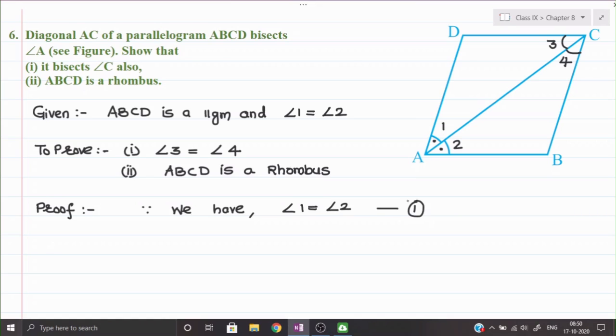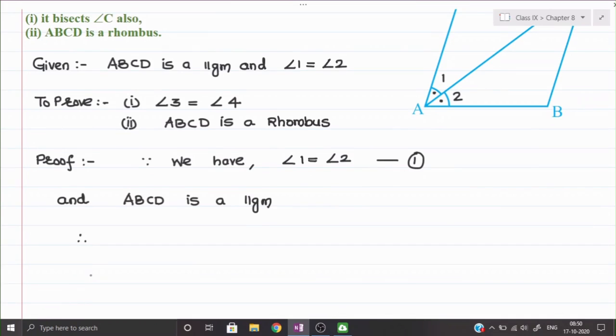And ABCD is what actually? ABCD is a parallelogram, that is also given in the question. ABCD is a parallelogram, and we know that in a parallelogram sides opposite to each other are parallel. So AB and CD will be parallel over here. So we shall write down further, AB is parallel to CD.